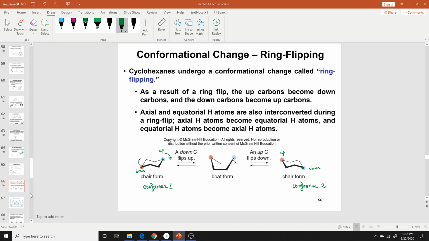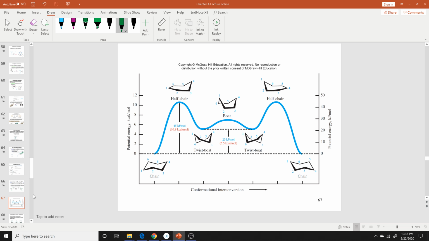Now, going from conformer 1 to conformer 2, you're going to end up passing through a lot of intermediates. These are the shapes of the chair conformation before reaching its most stable energy second conformation. The chair conformations, as you can see, have the lowest energy. These are the most stable conformations in there.